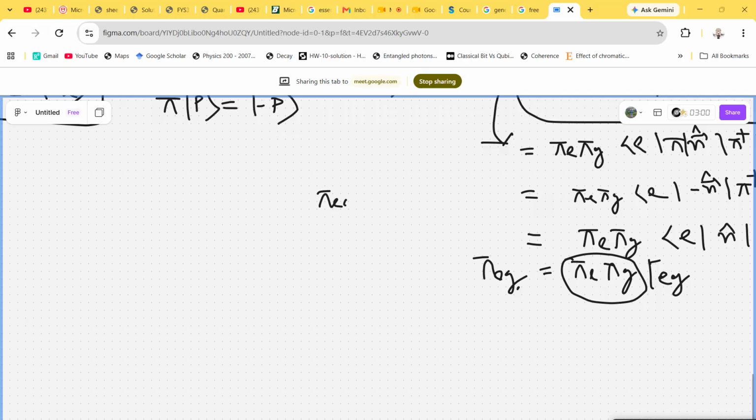So pi E pi G into 1 minus pi E pi G equals 0. If this term becomes 0, then pi E pi G can be anything.